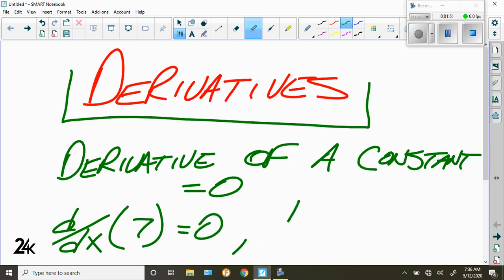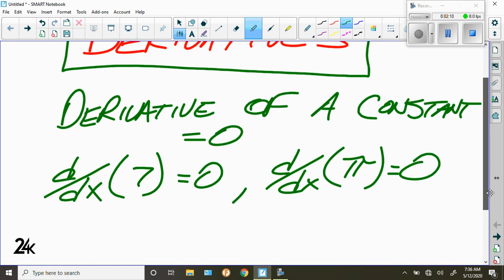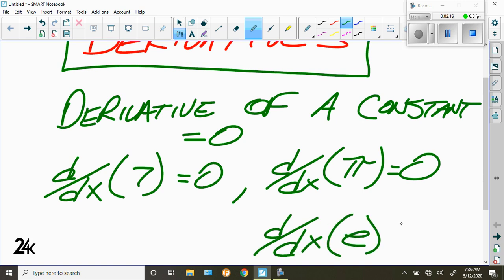If I asked, what's d/dx of pi? There are other symbols also, but I'll show those to you later when we talk about functions. Pi is still a number, and the derivative of it is 0. Another one, d/dx of e, because that's a number.